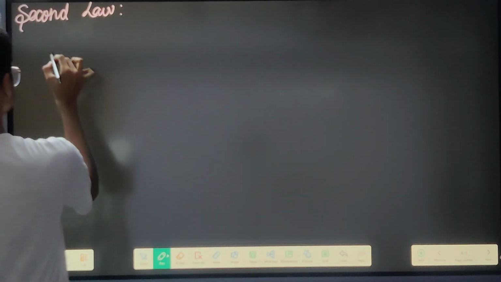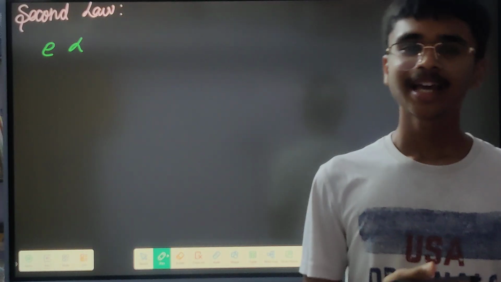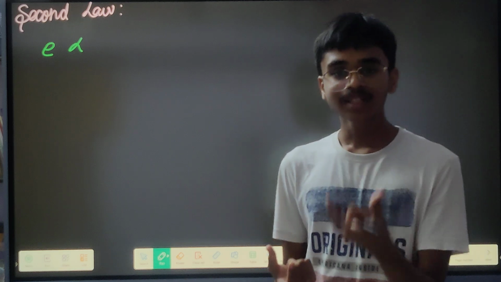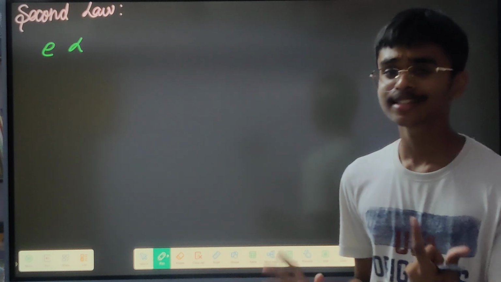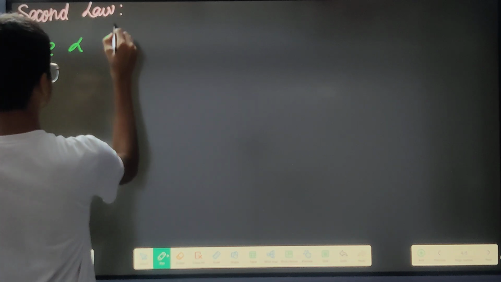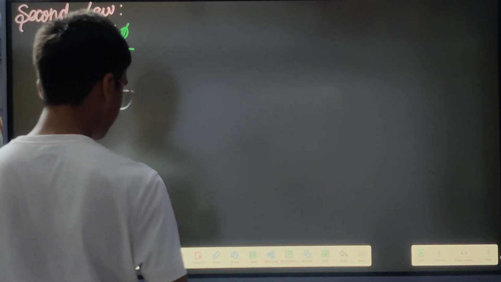E is directly proportional to d phi by dt. What is E? E is your EMF. Each and every time instead of writing EMF, which is already the short form of electromotive force, I'm feeling lazy, so we are writing it as E. So E is directly proportional to d phi by dt.